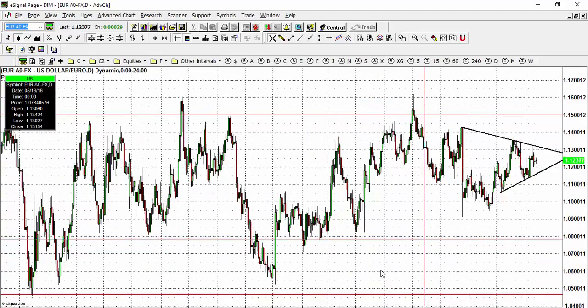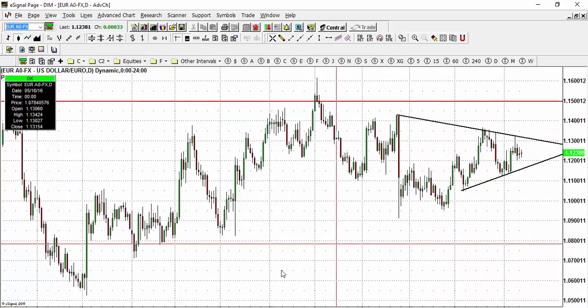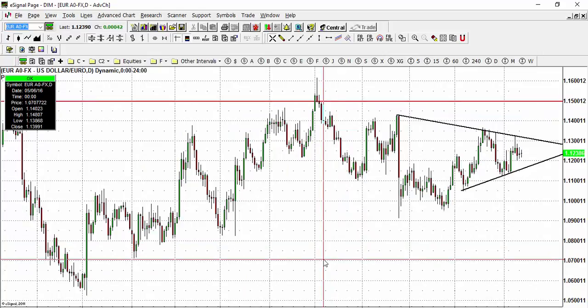So, what you could be looking out for is to see if the market can break this triangle, and whichever direction it breaks the triangle, that will give us more clues as to where the market is heading. This is a daily chart of the euro versus the US dollar, so the triangle is of more significance.